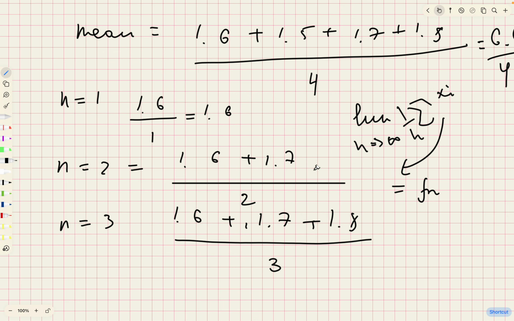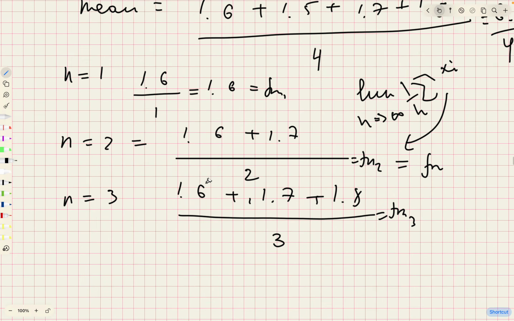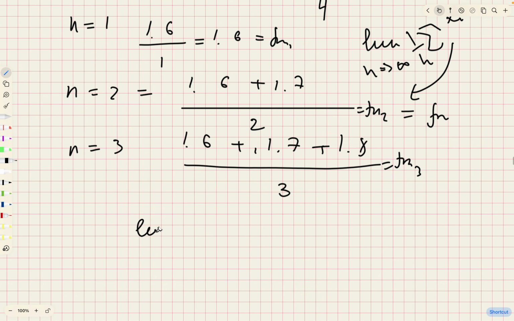Because, for example, this one was mu1, let's say, mu2, and mu3. These were the averages of the samples that we take. So we can write this again: limit n goes to infinity, we take the average, and it is the mean of the population.